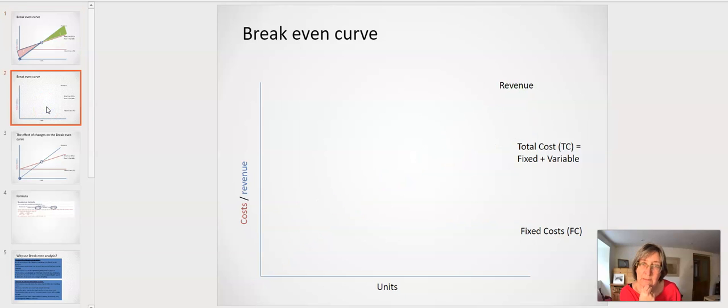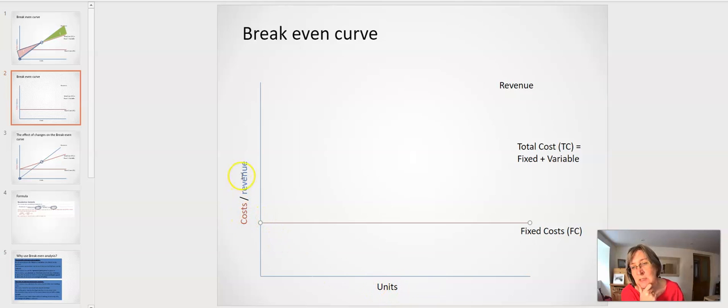So I have the diagram and I've emptied it, and I'm hoping if I undo my deletion, hopefully this may talk you through it. So what do we have in a break-even curve? Well, before we even start, we have a title, we have the money down the vertical axis, and the horizontal axis is the number of units.